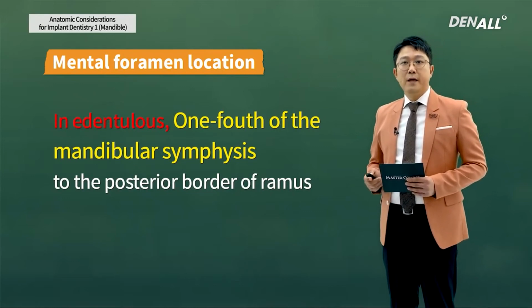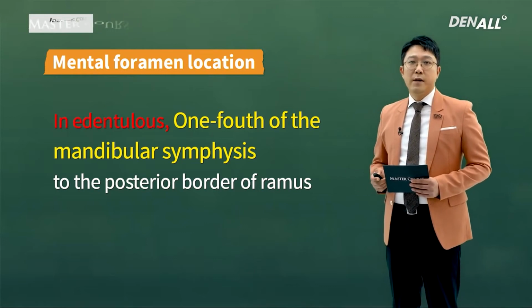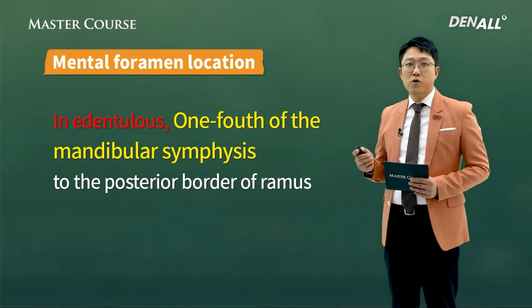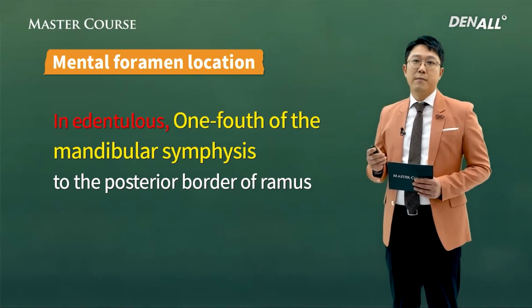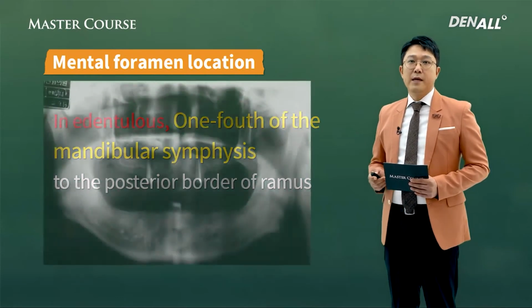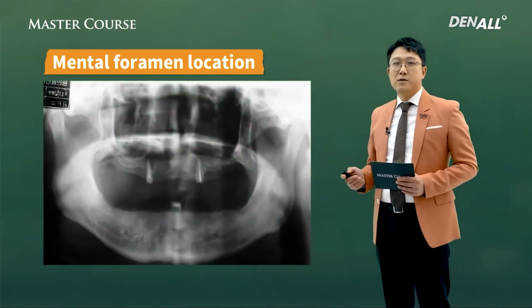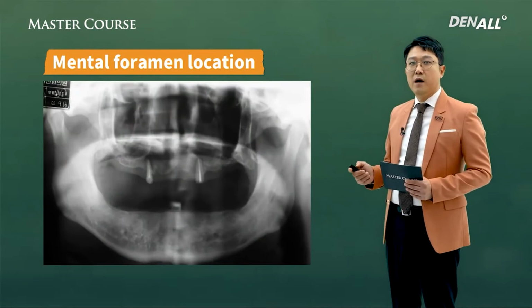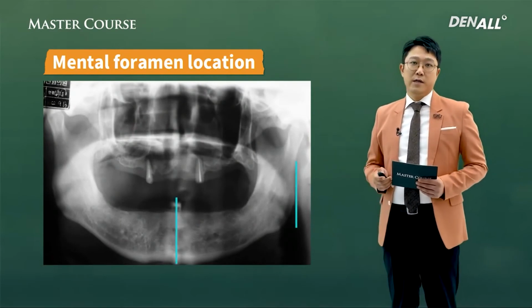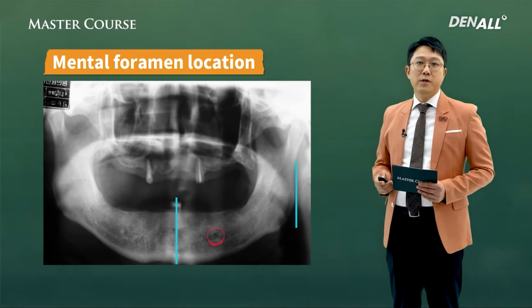In the edentulous case, it is 1/4 of the way from the mandibular symphysis to the posterior border of the ramus on the panorama X-ray.